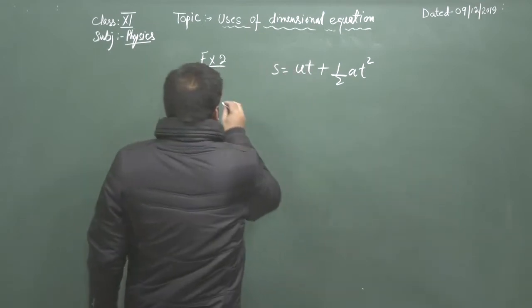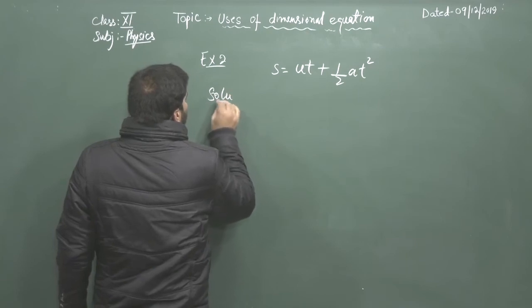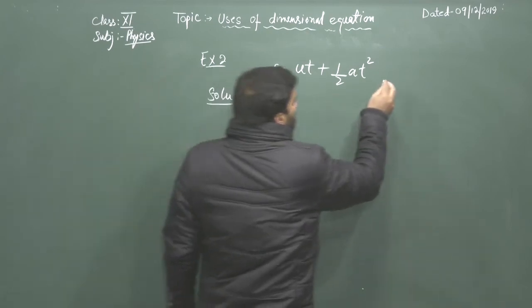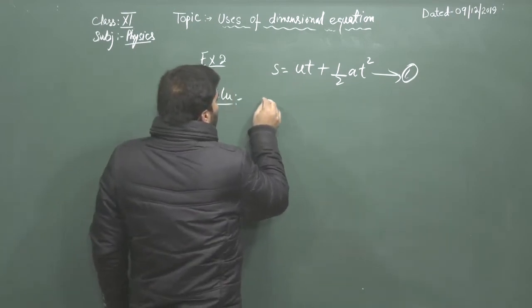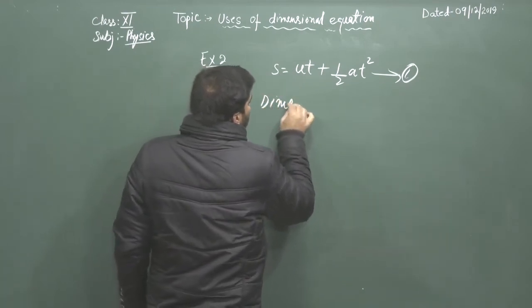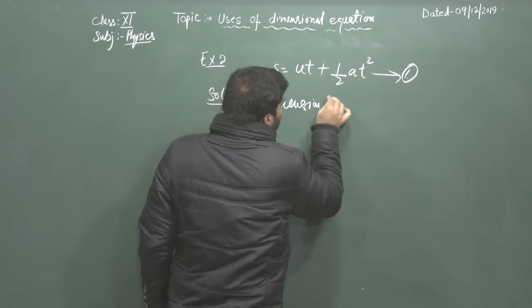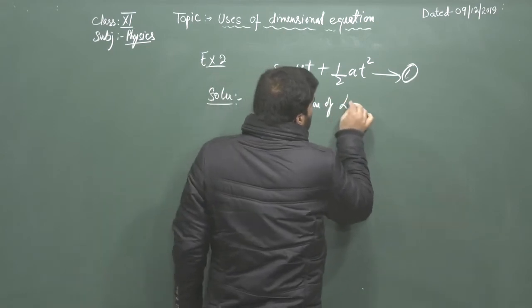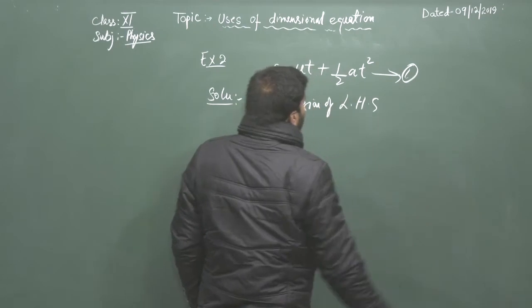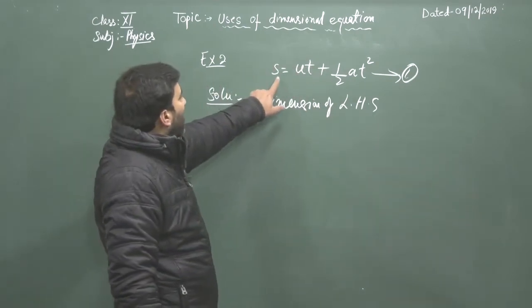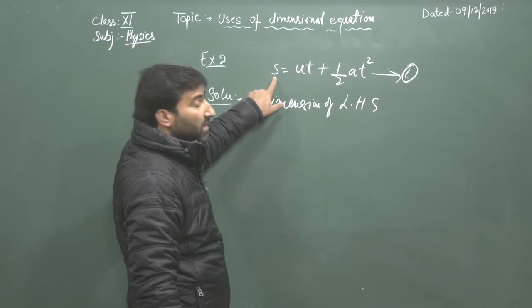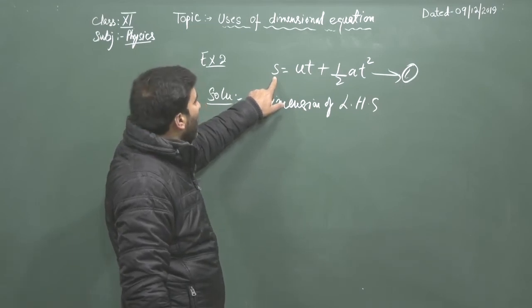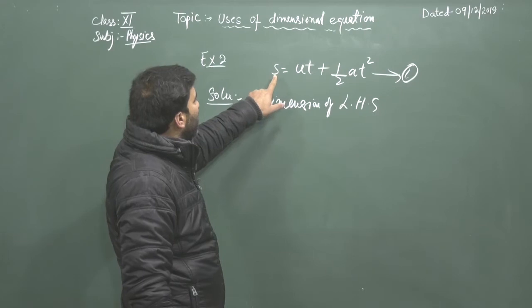So we follow it as, let's name this first, dimensions of LHS, that means left hand side, the dimensions of S. S is displacement or distance, so it is length.